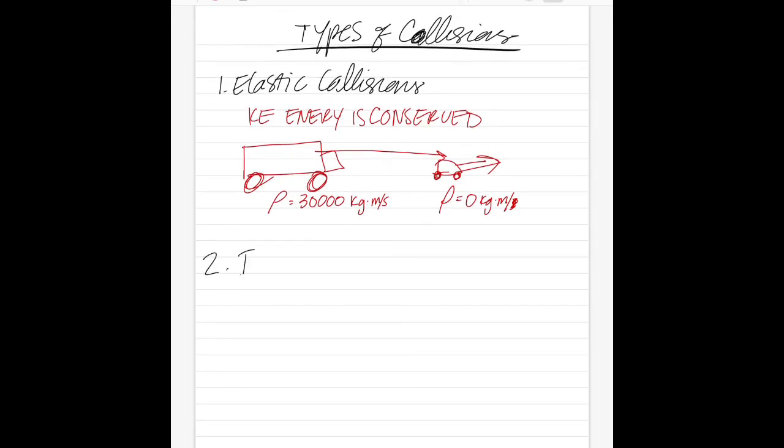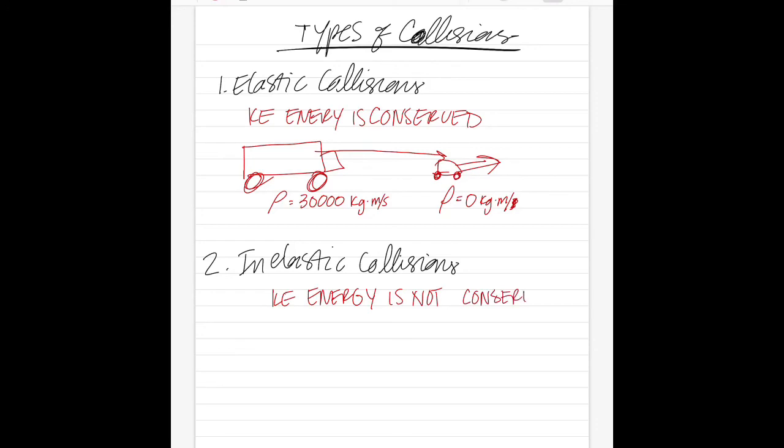Let's talk about inelastic collisions. All right, so this is when kinetic energy is not conserved. All right, so same scenario. The only difference now is that it will not be conserved.